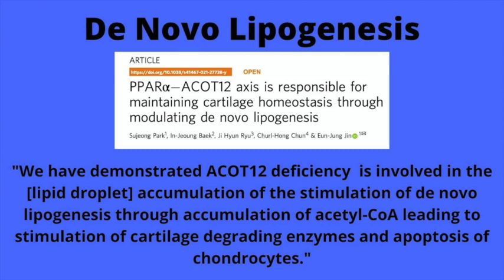Now the case for de novo lipogenesis. De novo lipogenesis can occur in the chondrocyte based on this 2022 paper by Park et al. ACOT1-2 is an enzyme that hydrolyzes acetyl-CoA into acetate and CoA.